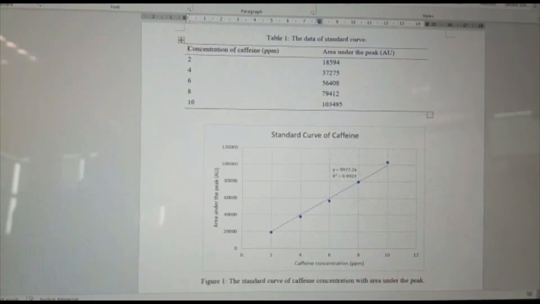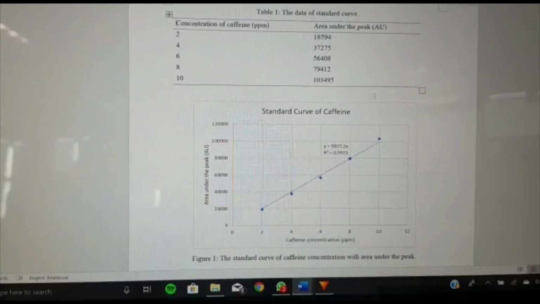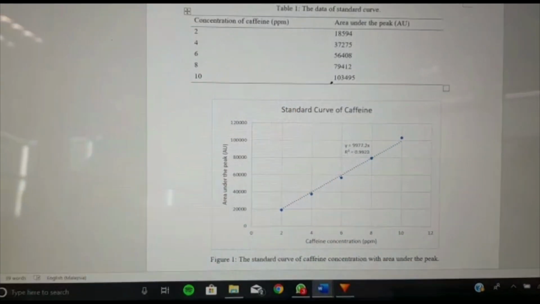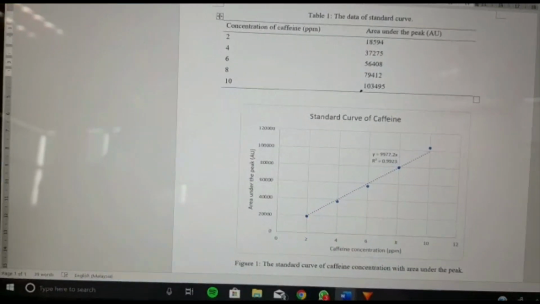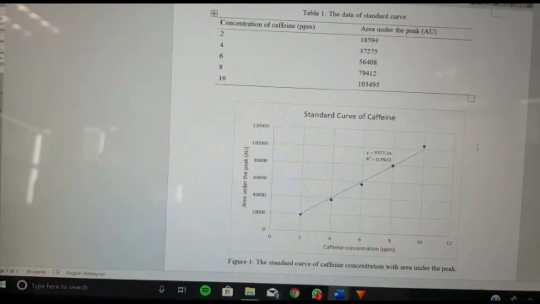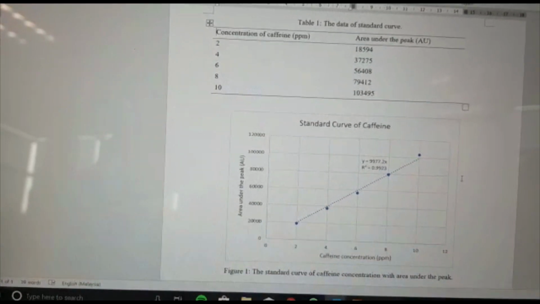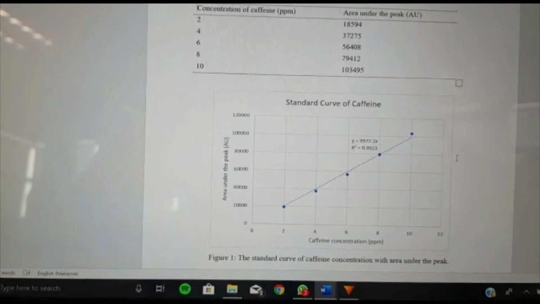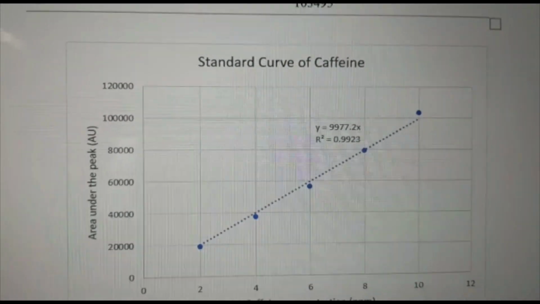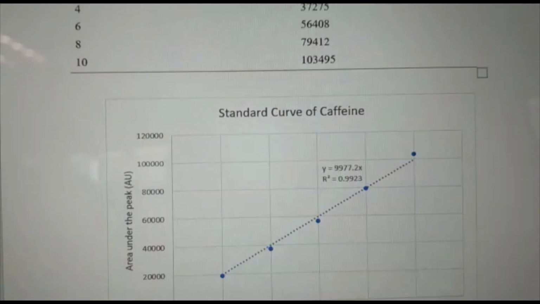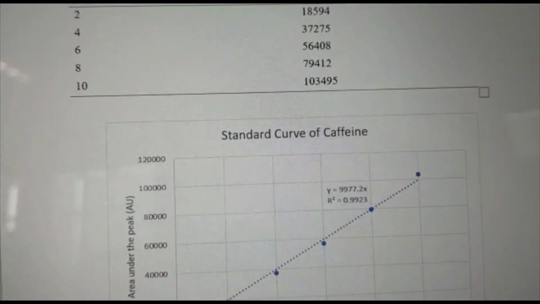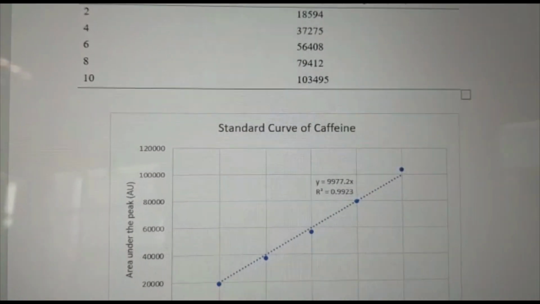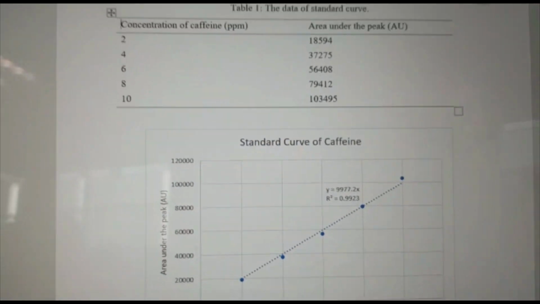After that, a standard curve of caffeine is generated, and the calibration of the standard curve using known sample concentrations is important because it can show the linear relationship between the absorbance units and the analyte concentration. The equation of the standard curve can be used to calculate the concentration of analyte in a sample by interpolation on the graph.